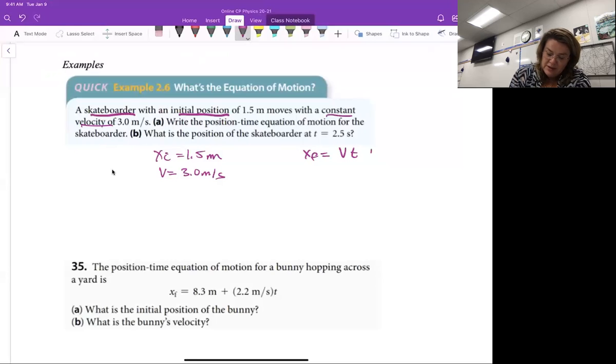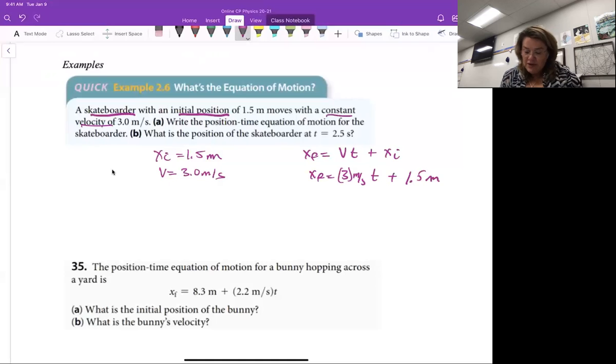Velocity times time plus x_i. x final is equal to, what is the velocity? 3 meters per second, times time. We don't know what the time is, we can pick a time, and we know that we have 1.5 meters. So there is my equation of motion for this situation. That is the answer to A.